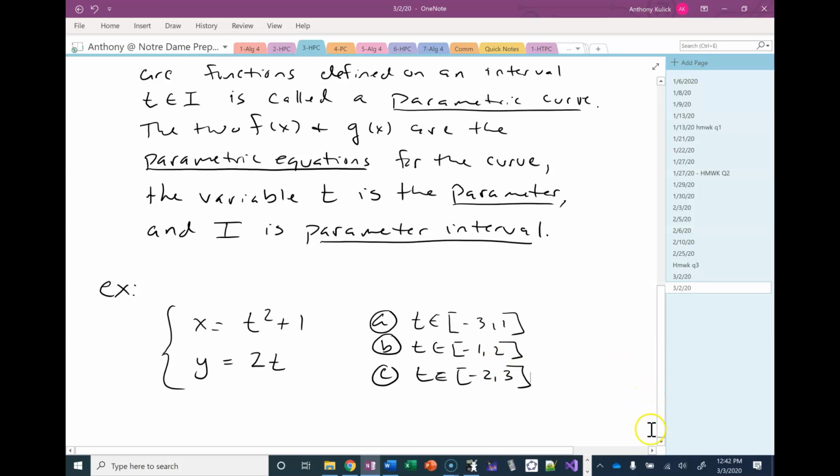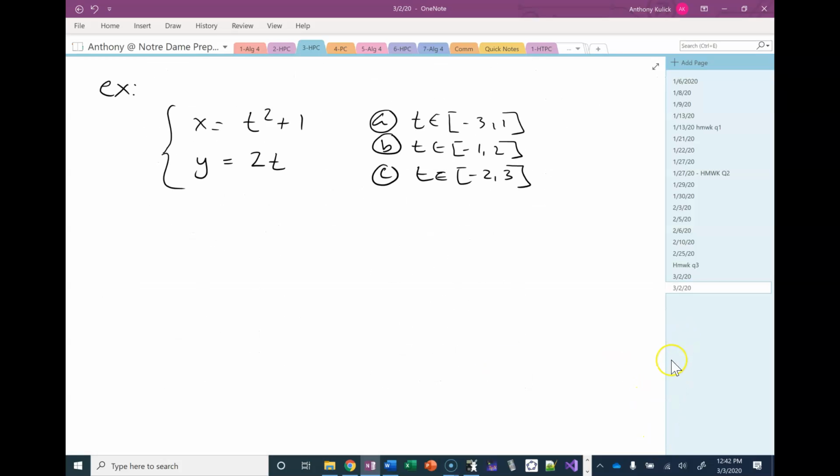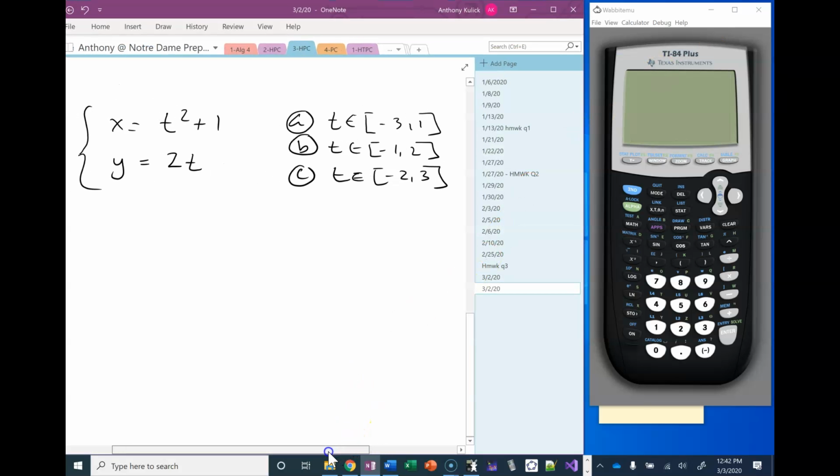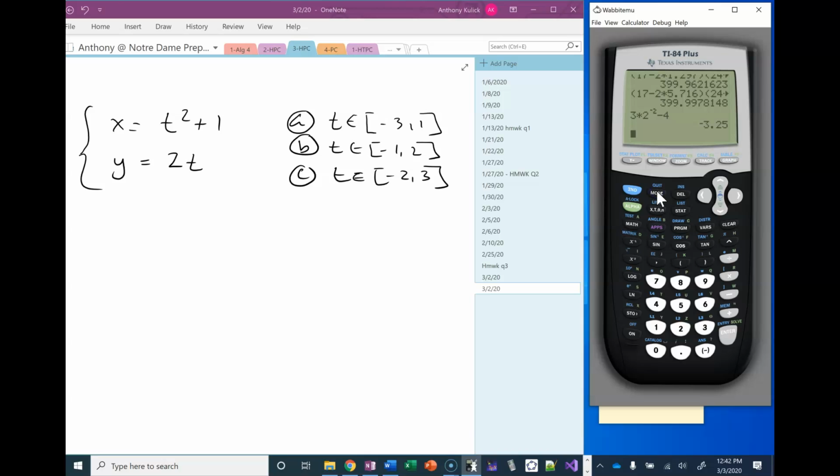So if you have your calculator with you, I'd invite you to take that out. And we'll show you how to graph a parametric function on your calculator. I'll give everybody a second to finish writing things down and take out their calculator if they're wanting to follow along.